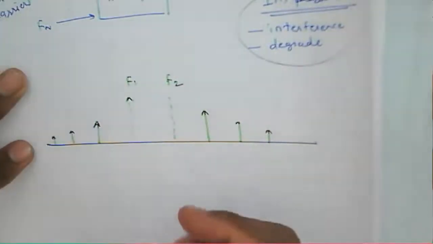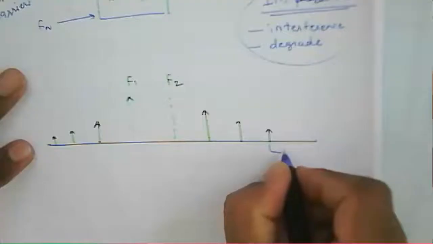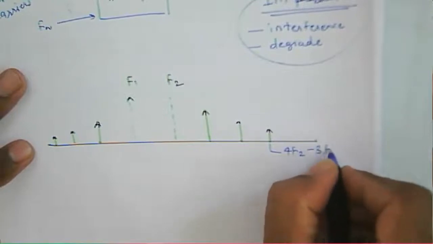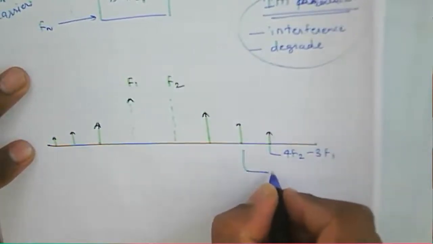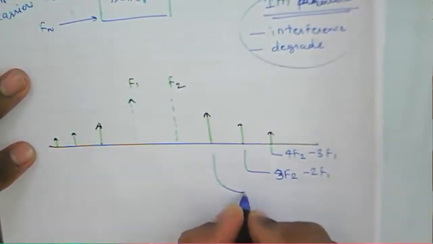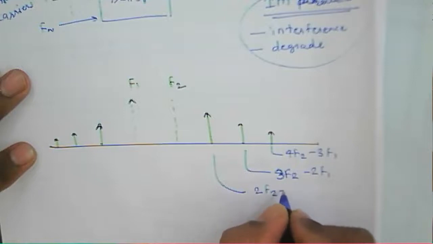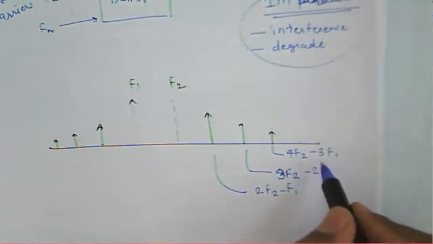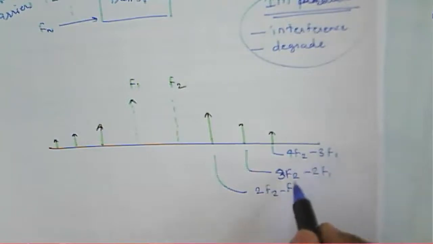Now if you find out the value of all these, 4F2 minus 3F1, so it is nothing but, sorry, 2F2 minus 2F1. This one is nothing but 2F2 minus F1. Now 2F2, 3F2, 4F2, you can see.